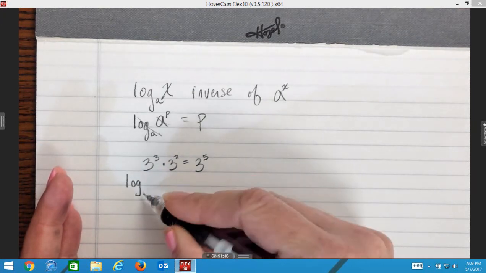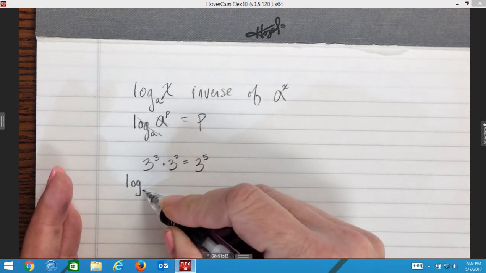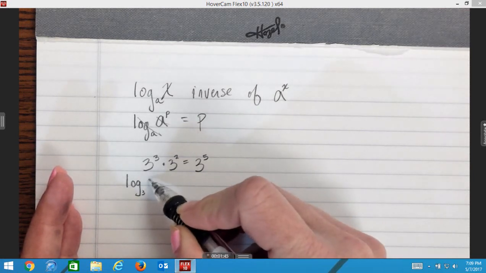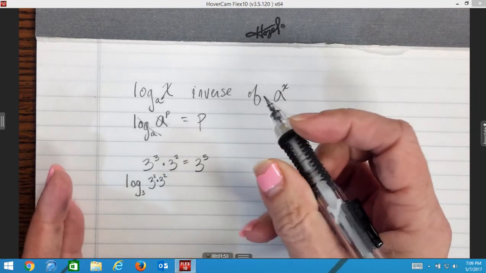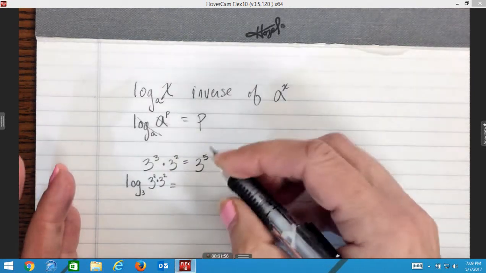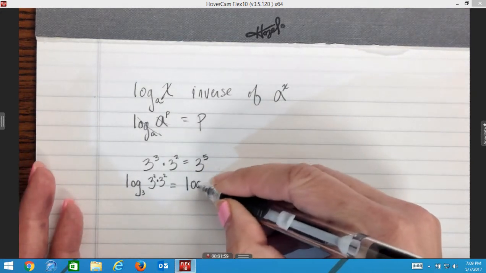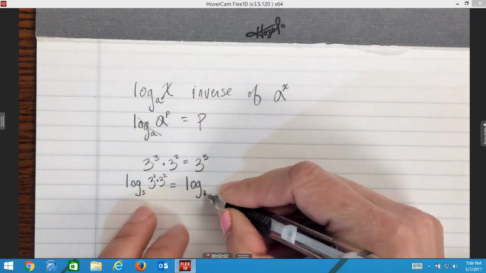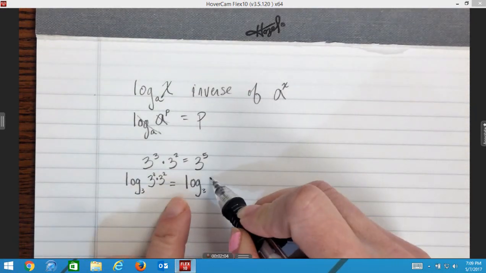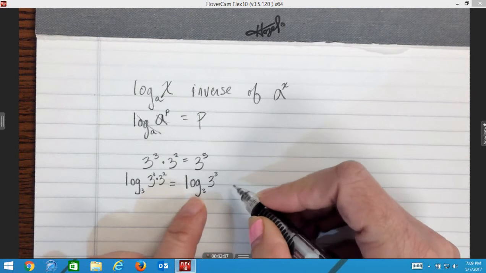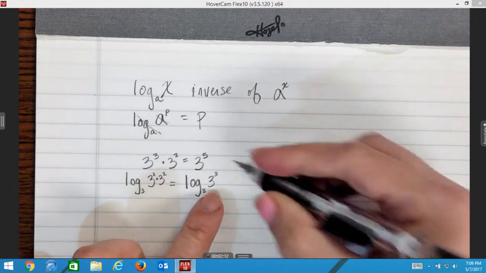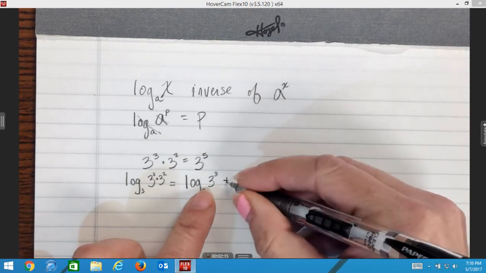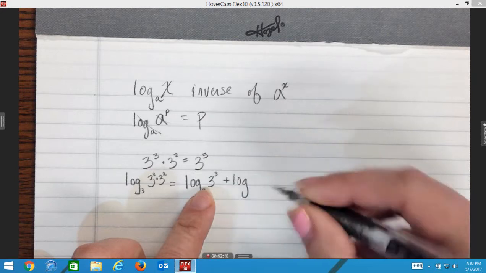If we have the log of some base, I'm going to make it base 3, and we have a number 3 to the third times 3 to the second, well, we have a property that allows us to expand this logarithm into separate logarithms, log base 3 of 3 to the third. But we have to use the rule where if we multiply the like bases, then we add their exponents. So what we do when we expand this is we put an addition sign in between the separate logs.